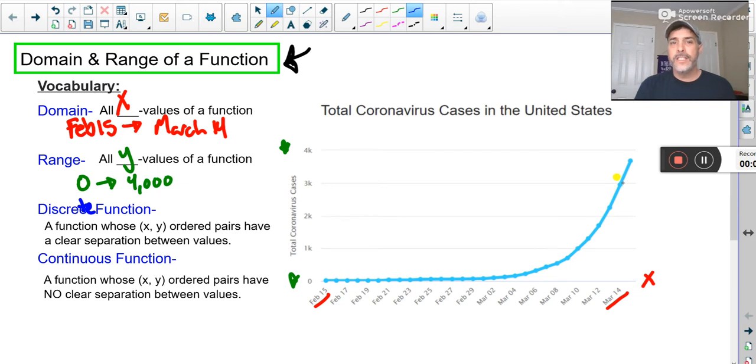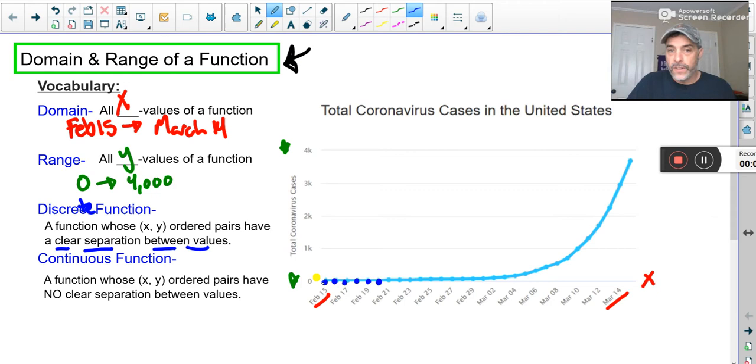They don't continuously update us with information on the total coronavirus cases. The federal government actually gets a count once a day. So if we think about once a day, we really shouldn't have line segments connecting these dots. We should have a clear separation between values.